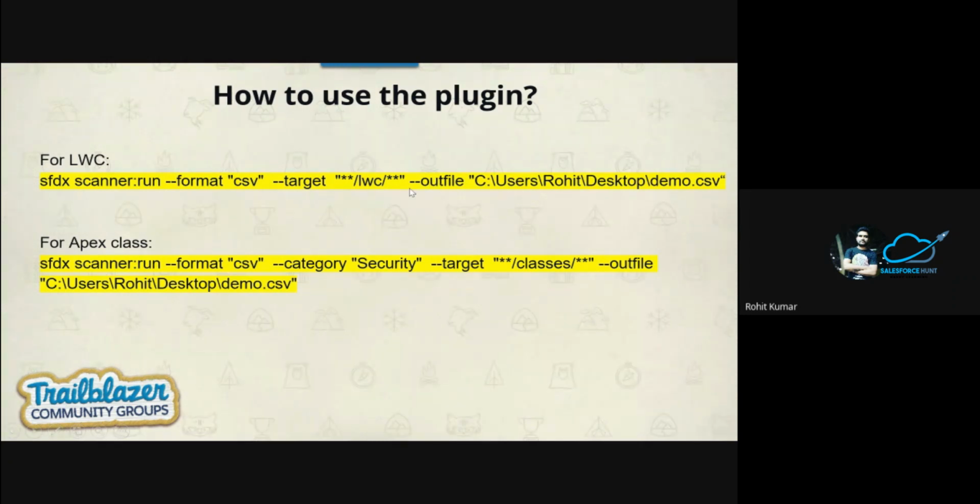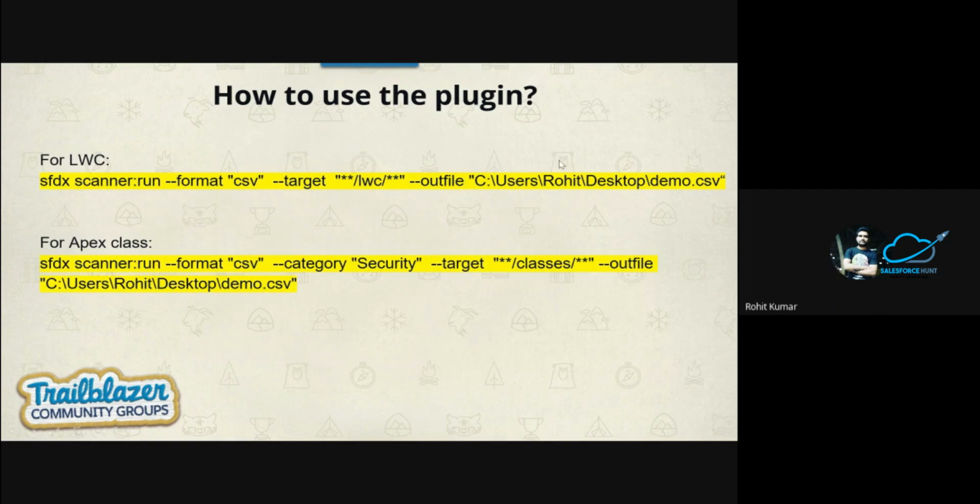This is the command, sfdx scanner colon run, to run your plugin based on your selected files, that is LWC, and this is for Apex security. I will show you each and every example practically, don't worry. And this is the target. You know very well which folder you want to target in your project.